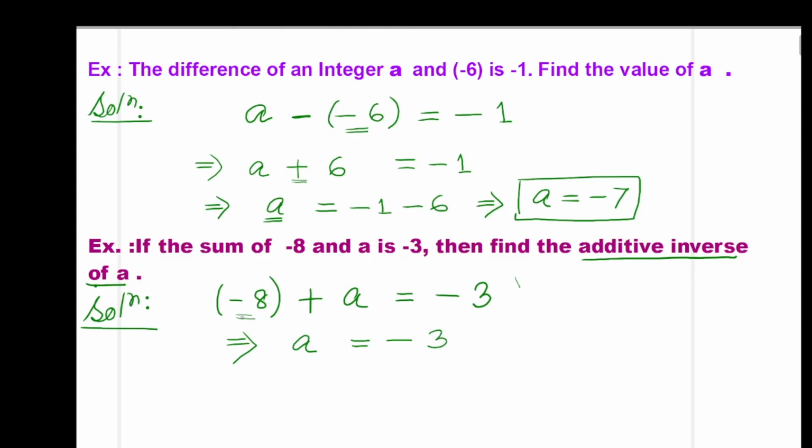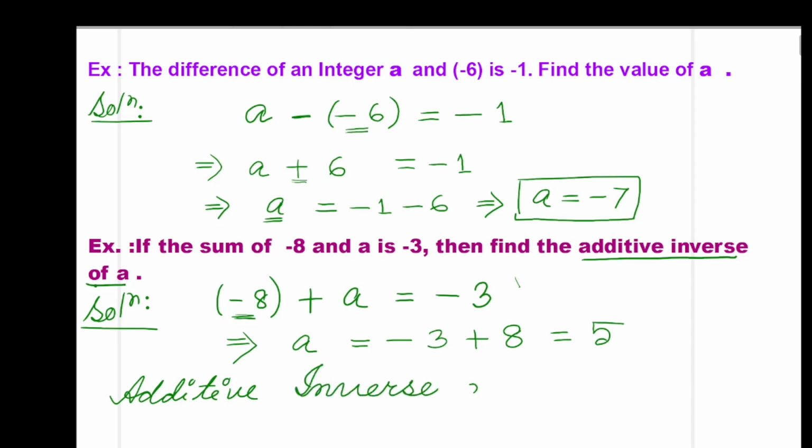When it goes towards the right, minus 8 will be plus 8. So the answer will be 5. Now in the question what is asked? Additive inverse. Additive inverse of 5 is minus 5. So that is the answer.